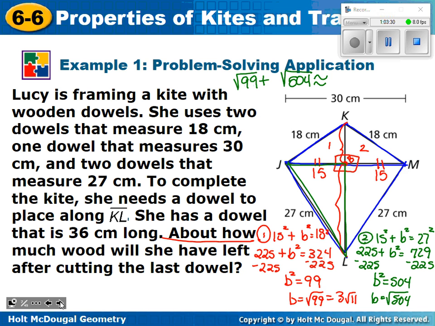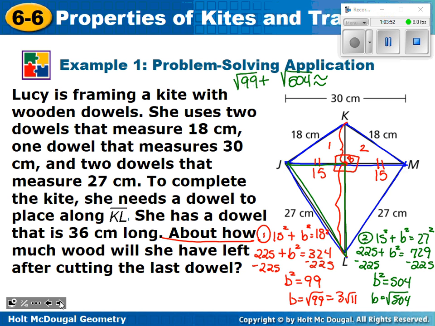My calculator is not updated. Yours will have a square root continuing to go. You're going to have to hit the right arrow key to stop that square root before you enter the next one. How about this? Okay, so about 32.4.